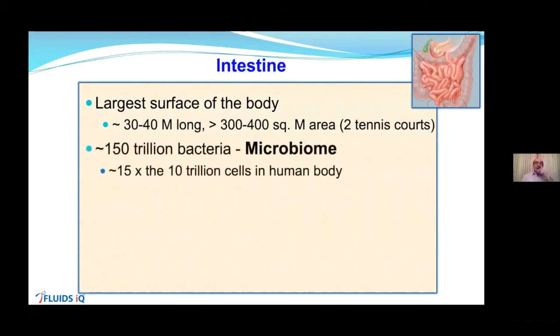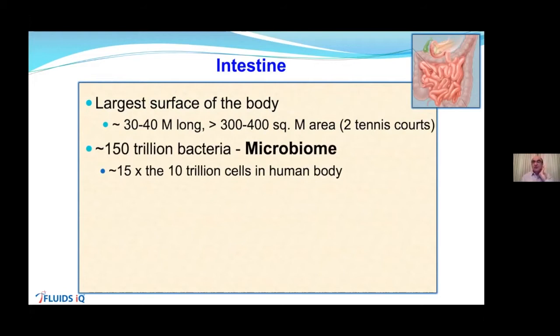The microbiome has well over 150 trillion, and that's not a mistake in printing, trillion bacteria, which is at least 15 or even 20 times the total number of human cells that we have in the body. It outnumbers them massively. And that's just the bacteria.